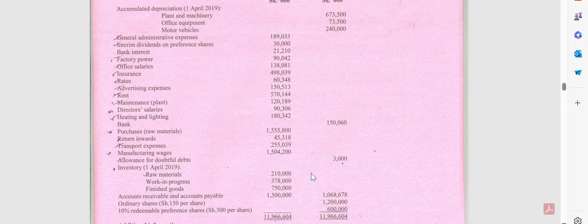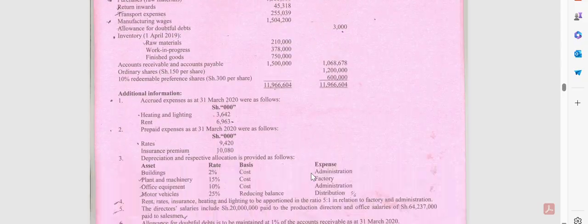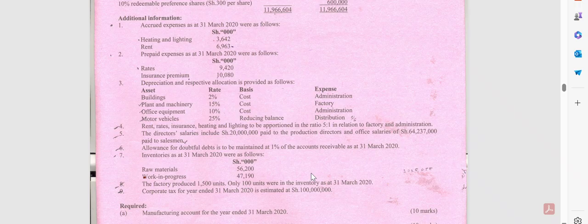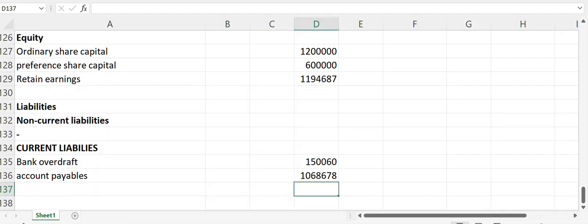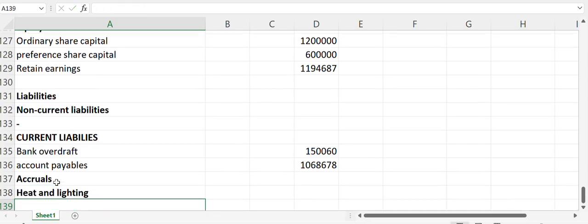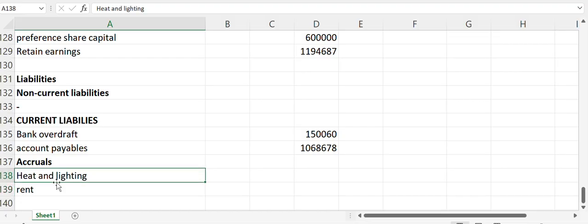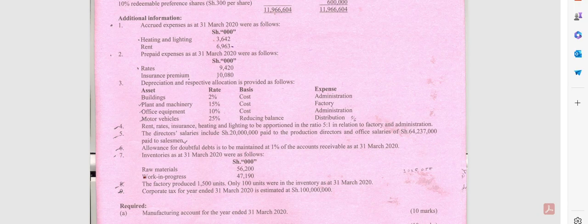Is there anything else that's supposed to be on that side before we conclude with the accruals? So we had accruals. Accruals is heat and lighting and rent. The first accrual there, heat and lighting, 3642.